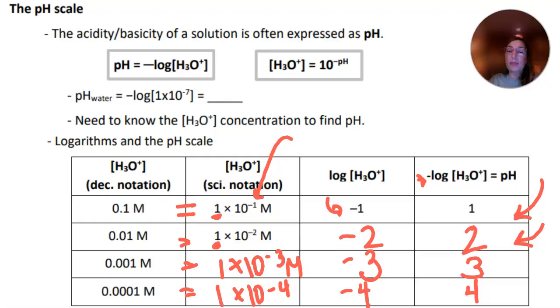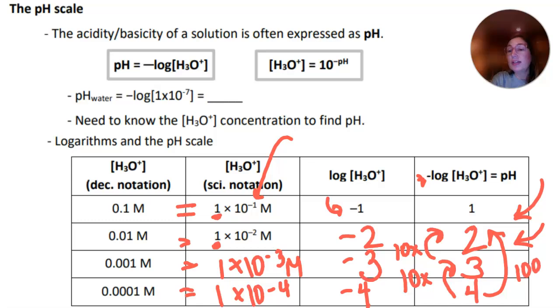So here's the big thing, though, to remember. If you have a solution that is pH 3, it is 10 times more acidic than a pH of 4. If you have a 2, it is 10 times more acidic than a 3, but the 2 is 100 times more acidic than the 4. If you have a 1, it's 10 times more acidic than your 2.